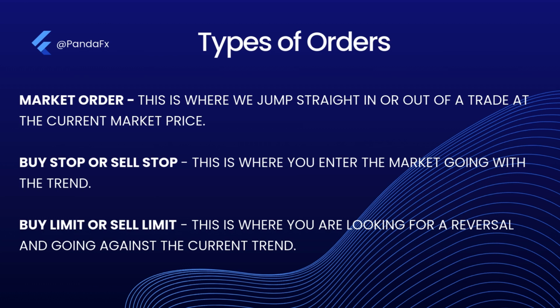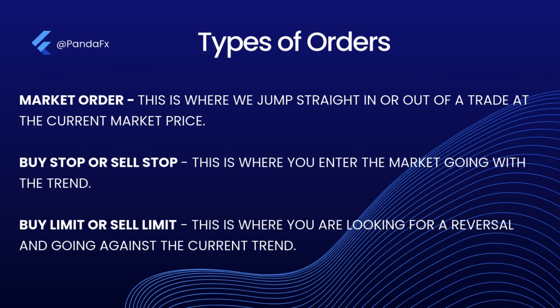If you are projecting the market to go up more, you place an order higher than the market price so that when it goes there, the market fills your order and then continues to rise. The opposite is for the sell stop. You are setting an order below the current market price, and when the market falls, your order is filled on the way through and you're expecting it to fall more. That's the buy stop and the sell stop.